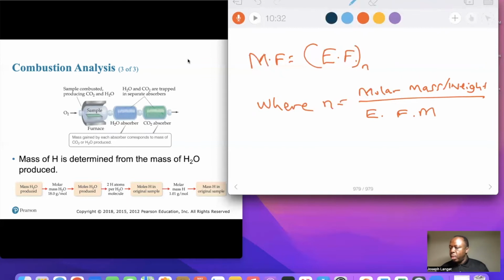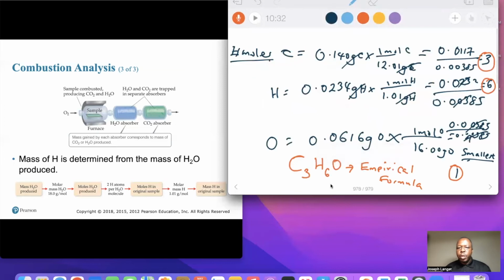So here, for the empirical formula mass, you have to use the periodic table, and it stands out to be 58.09. Where I'm getting that is just using this formula here, the empirical formula of the compound.